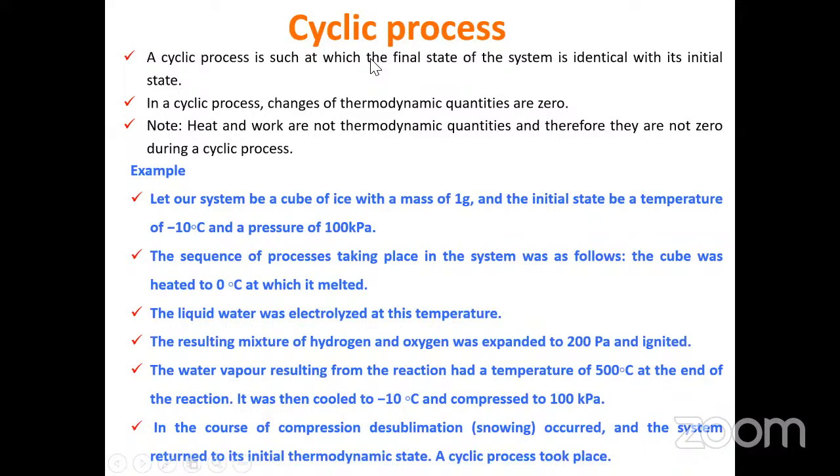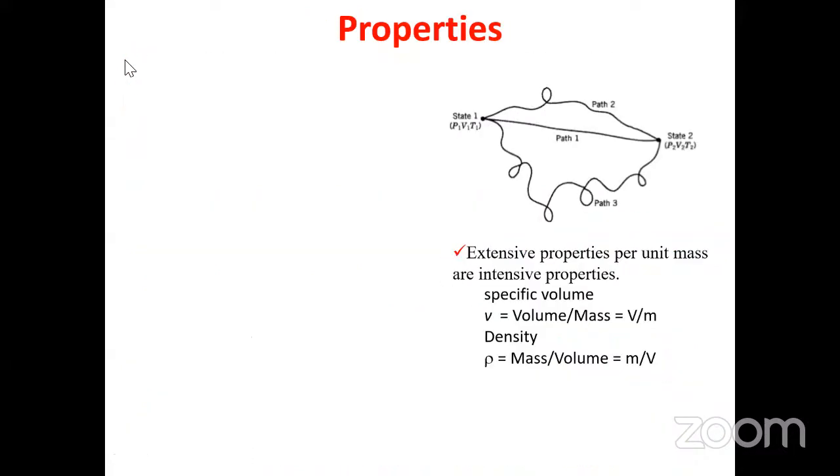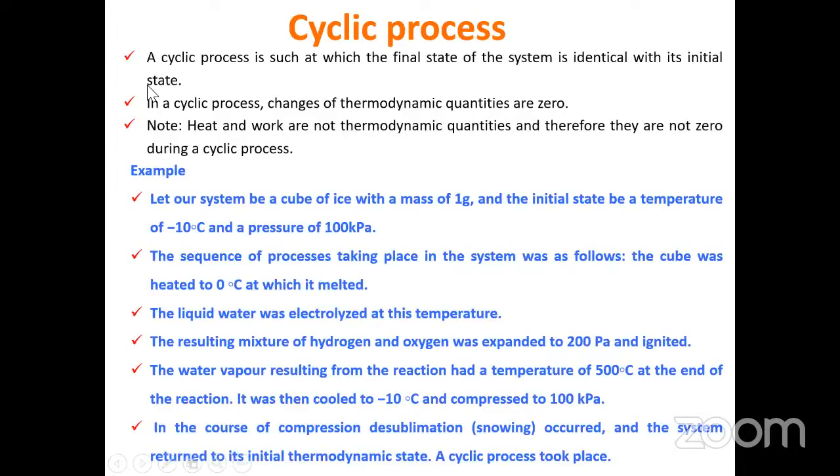Now let's get to the cyclic one. We go to the cyclic process. What is a cyclic process? I believe you have an idea: something happening over and over and over again.